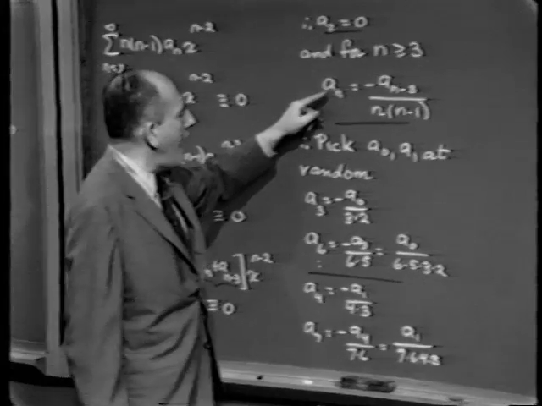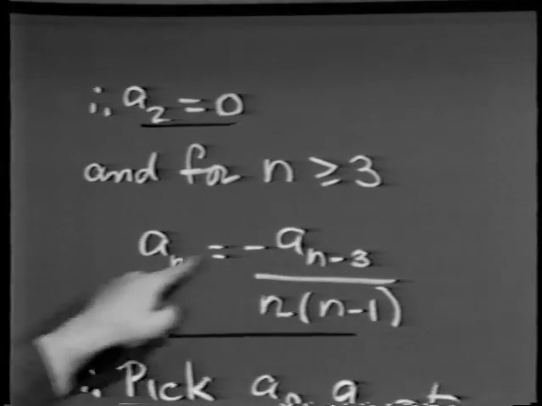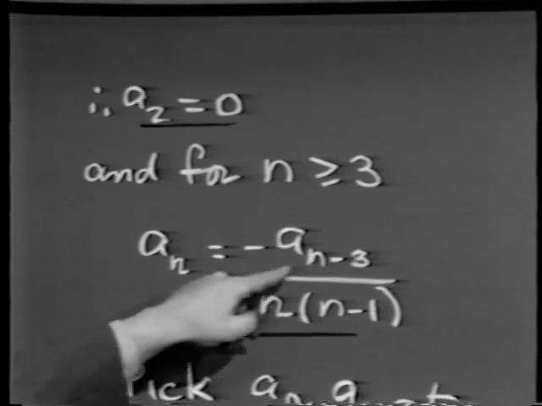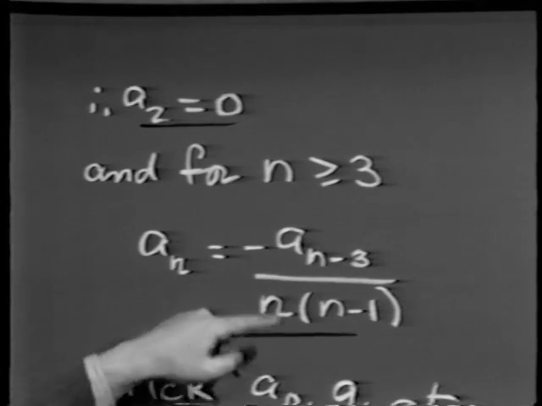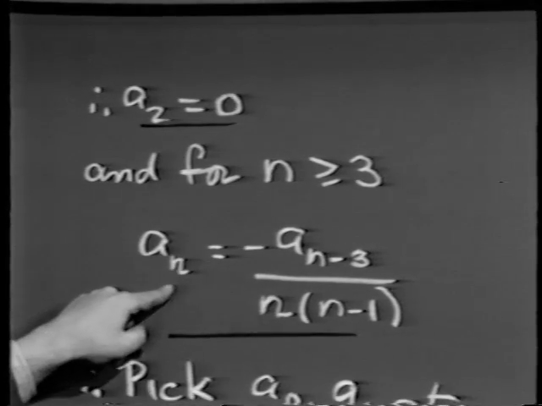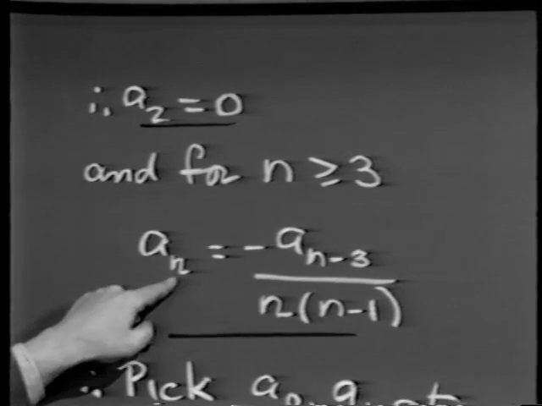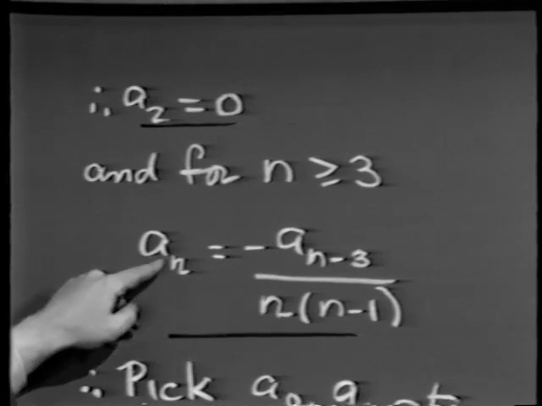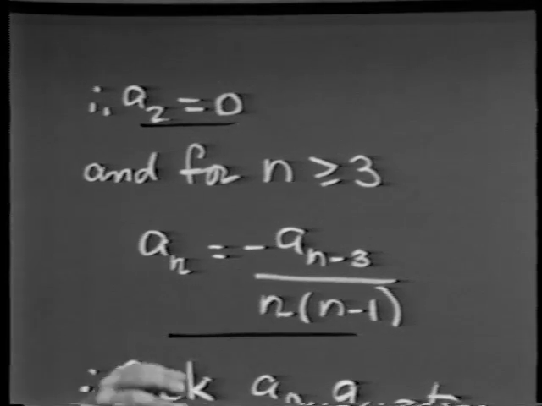What this tells me now is that once I know a particular a, look at what this tells me. This says to find a sub n, once I know what the a was 3 before this one, I'm home free. In other words, to find a sub 4, all I have to know is a sub 1. To find a sub 5, all I have to know is a sub 2. You see, to find a sub 6, all I have to know is a sub 3, etc.